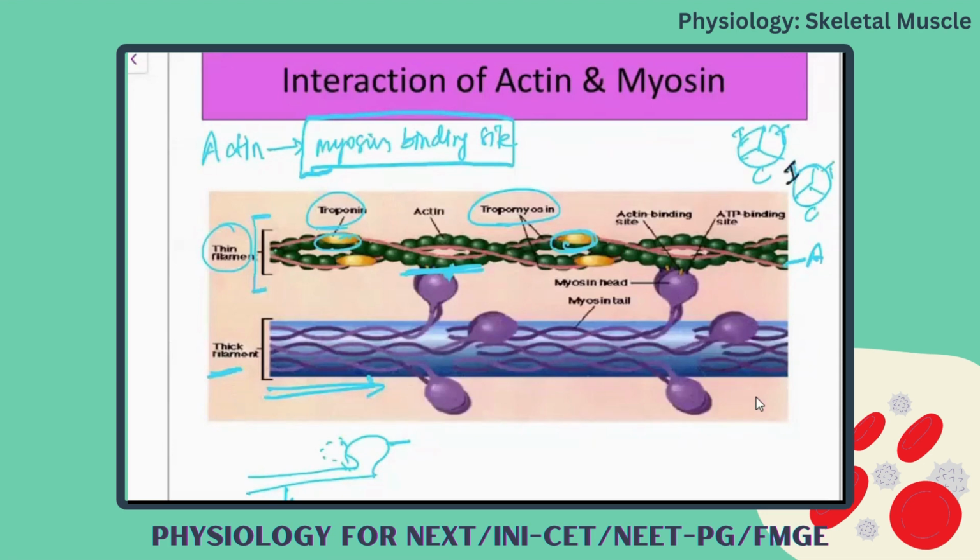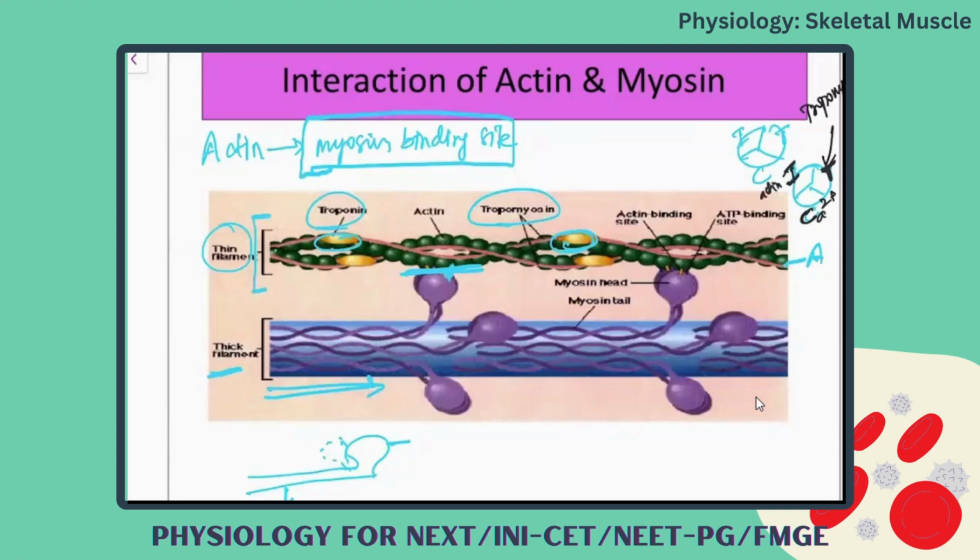This T is the place where the tropomyosin will bind. C is the place where the calcium will bind. I is the place where the actin will bind.